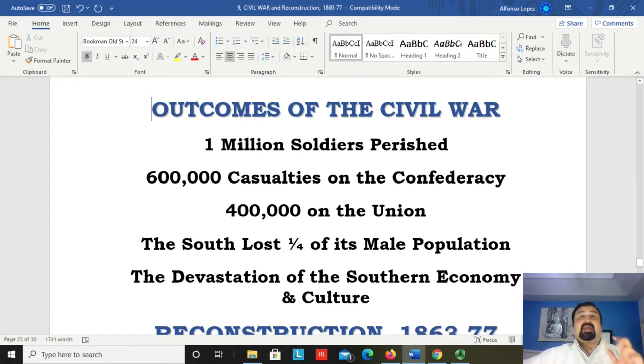This was a very intense fight that left about 1 million soldiers dead. The Confederacy lost 600,000 soldiers, 600,000 casualties, and the Union 400,000. So again, this is staggering amounts of people dead, laying dead at the end of the war.